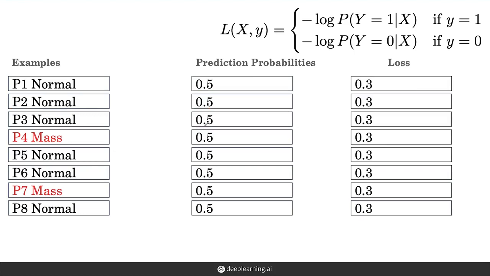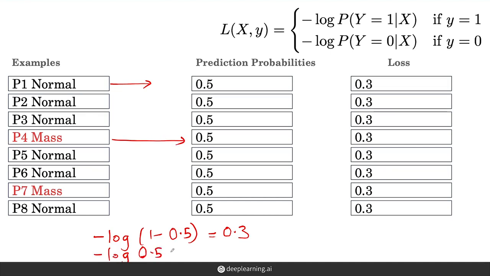The loss can then be computed for each of the examples. For a normal example, we're going to use negative log of 1 minus 0.5, which is going to come out to 0.3. And for a mass example, we're going to use negative log of 0.5, which is also going to come out to 0.3.